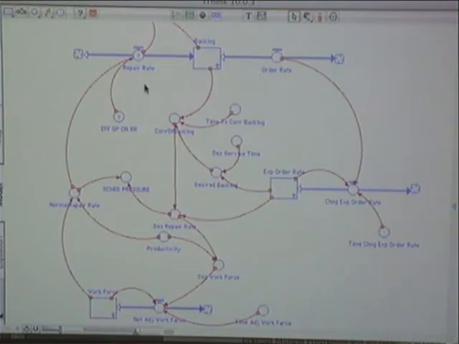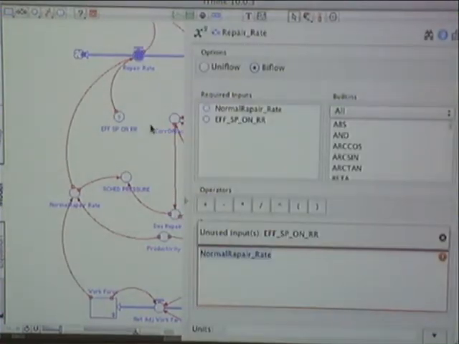Normally, the output of a table function is multiplied in. So in other words, the repair rate is the normal repair rate multiplied by an effect of the schedule pressure on the repair rate. In other words, that effect will be above 1 if you need to produce more, below 1 if you want to produce less, or equal to 1 if what you want to produce is what you normally produce.